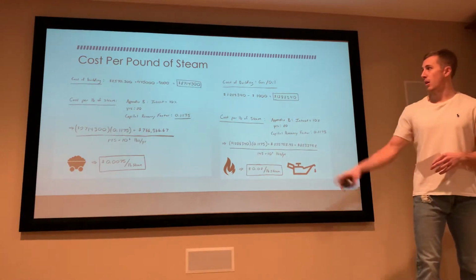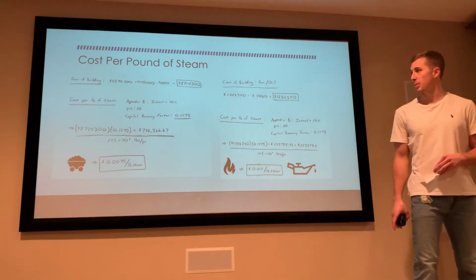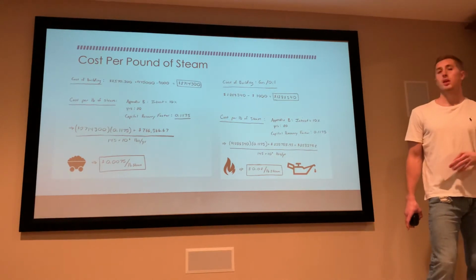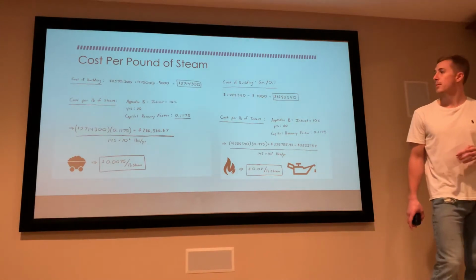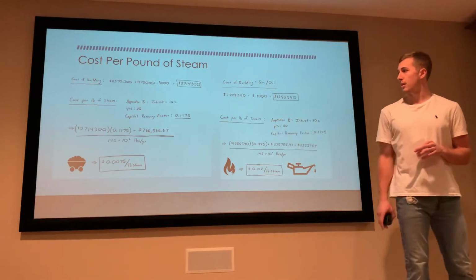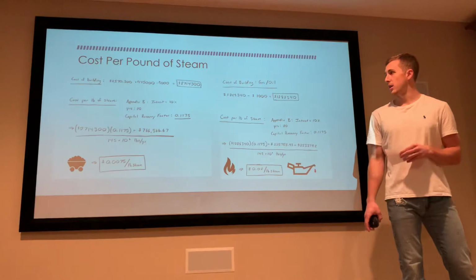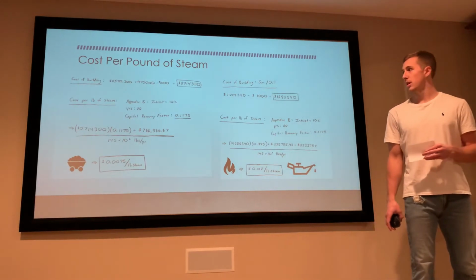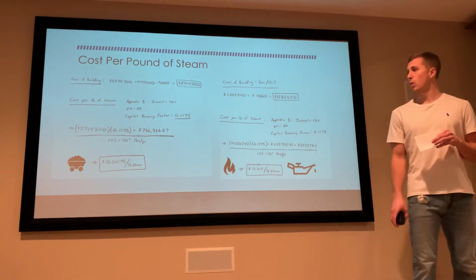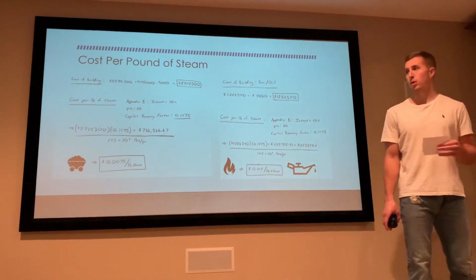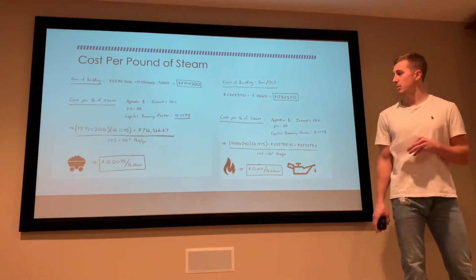Given the interest is 10% and our time is 20 years, we can get a capital recovery factor for our equipment of 0.1175. We then multiply that by the cost of building, add that to the cost of operation that we got in the last slide, and divide it by the total pounds of steam we must create per year.